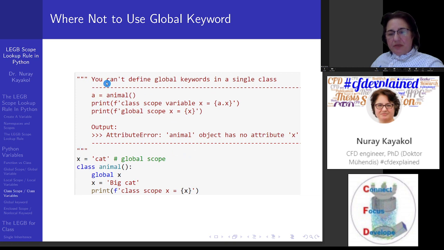Now this piece of code will tell you where not to use the global keyword. If I type global x and then set the value of x is equal to cat, again it will give you an attribute error.